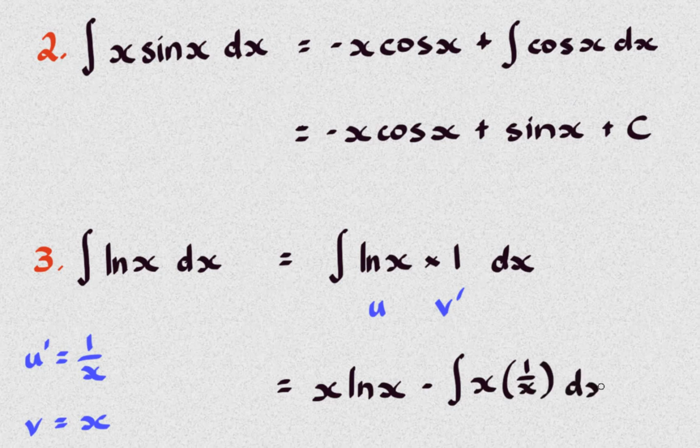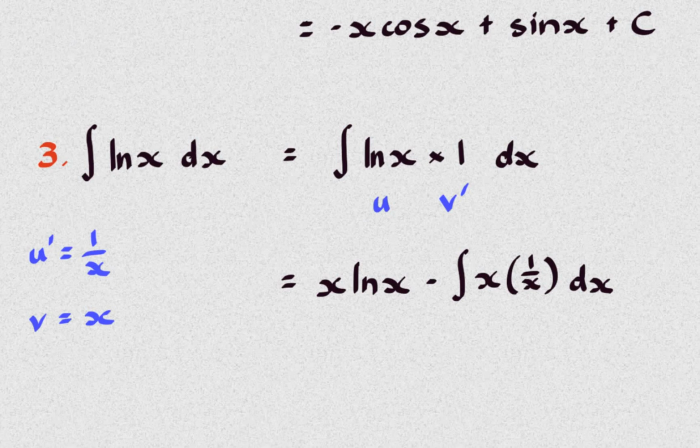Now in this particular case, x times 1 on x, that's actually quite nice because they cancel. And so we just have the integral of 1. The integral of 1 is, of course, x.